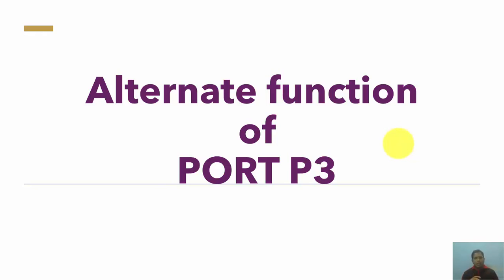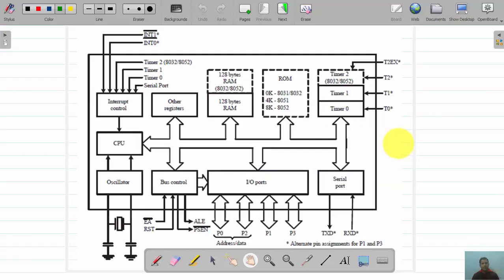For example, to understand the operation of port P3 alternate function, let us again recall the basic block diagram of the 8051 microcontroller. In this microcontroller we have some important blocks like the interrupt control, the timer section, and the serial port.